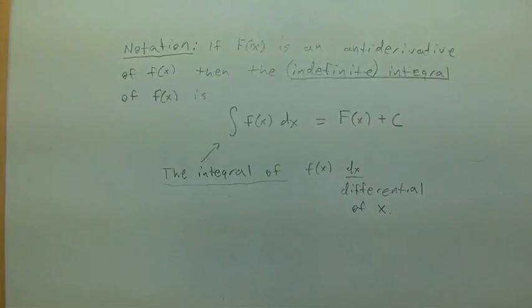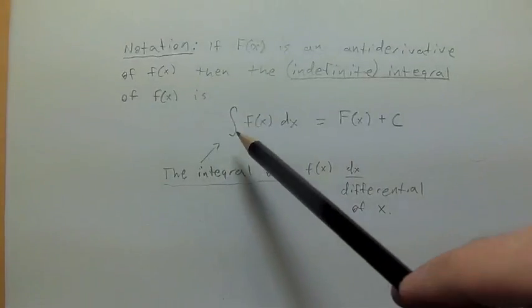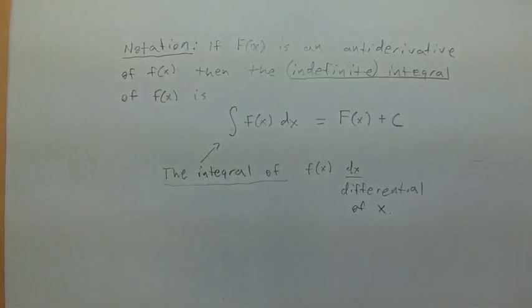Now where do these symbols come from? Well, we will answer that in probably section 5.2, 5.3. There's a reason why we use this s for sum, because basically the antiderivative is very closely related to a special kind of sum.